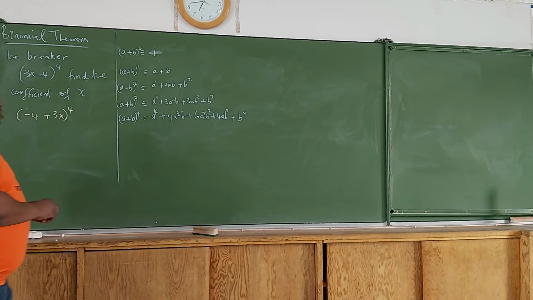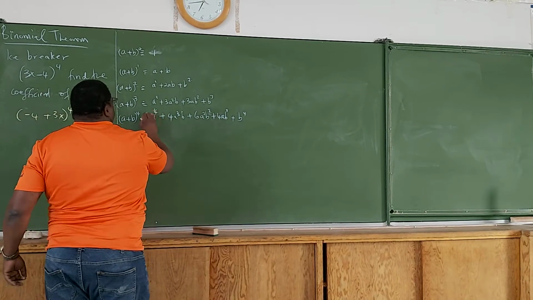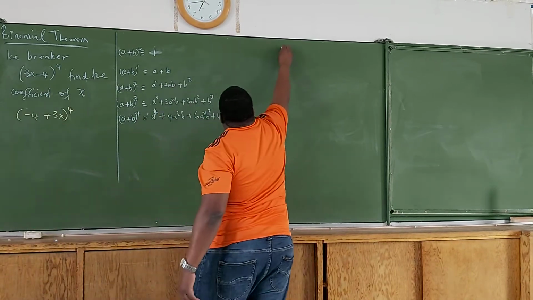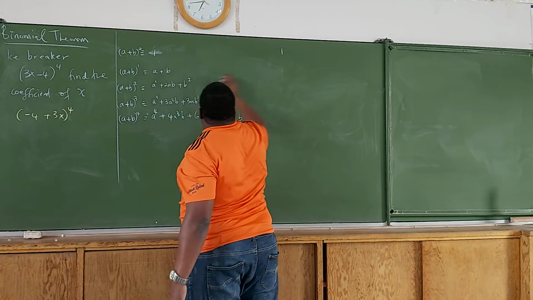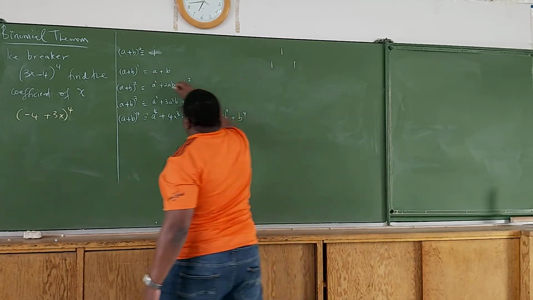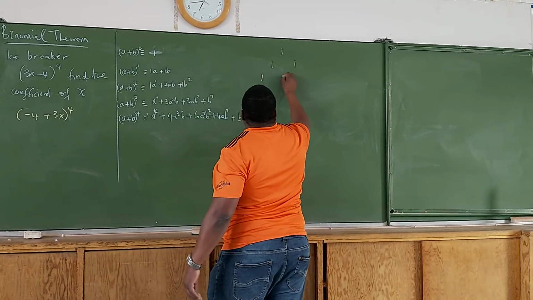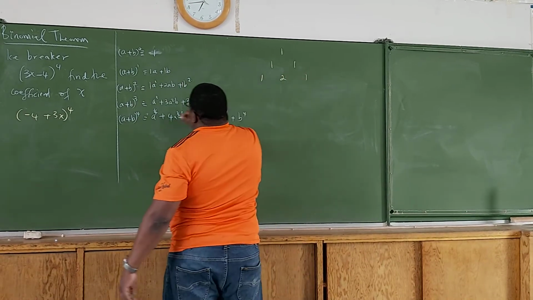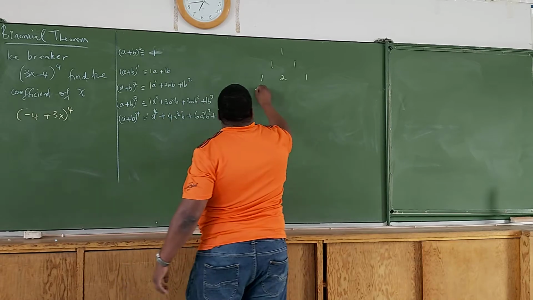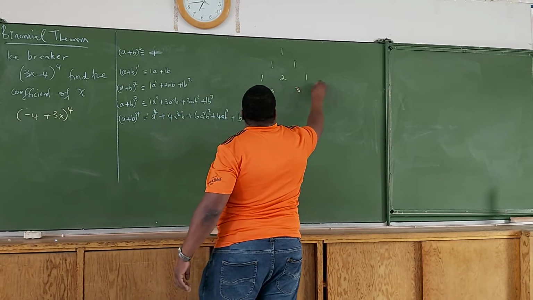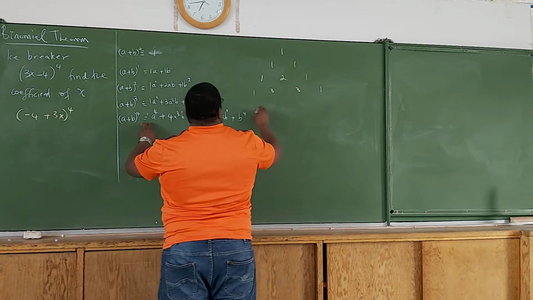So this gives rise to Pascal's triangle, where you have the 1 there, you have the 1 and 1, you have the 1, 2, and 1, you have 1, 3, 3, 1, then we are here, right?